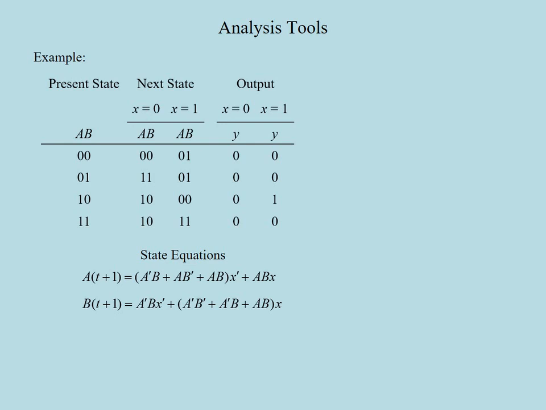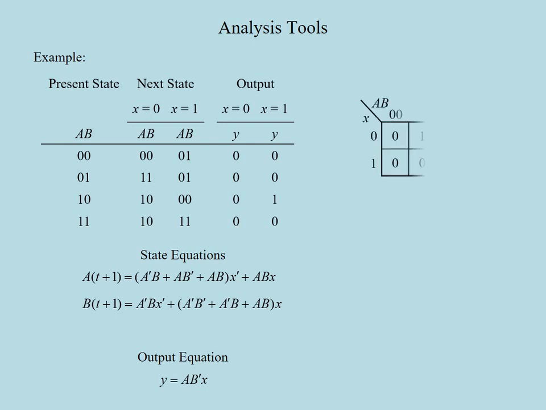State equations, together with the output equation, that is y equals A B prime x for this circuit, represent the behavior of a sequential logic circuit completely. In fact, we can use combinational logic tools for simplification of algebraic entities also to simplify such state equations.